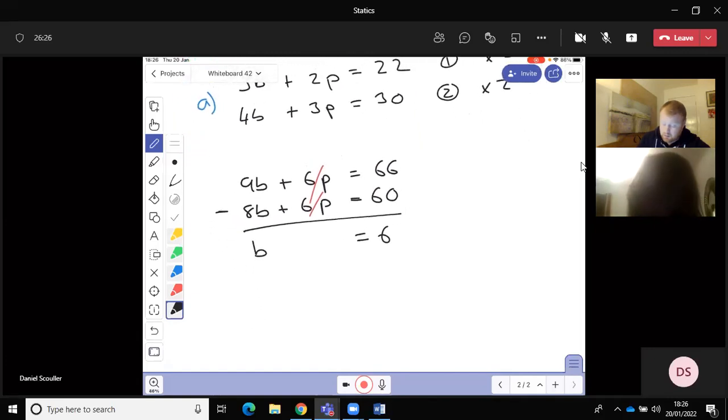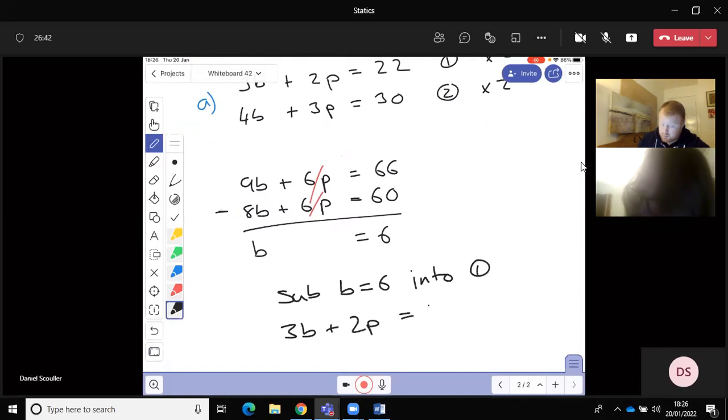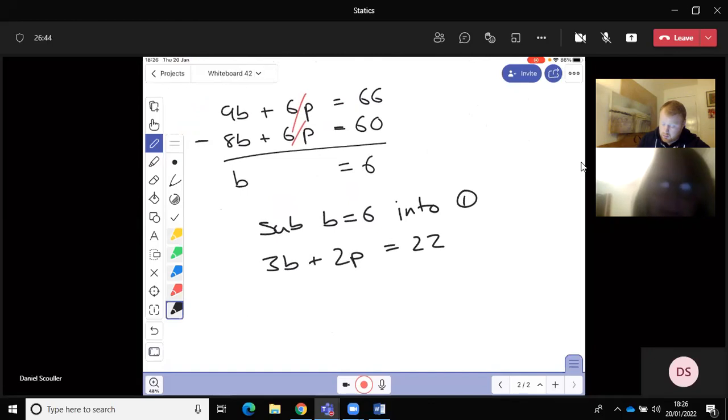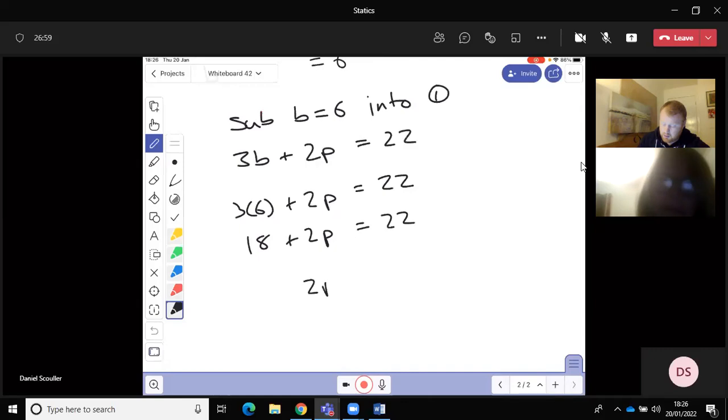I'm going to sub b equals 6 into equation 1. Equation 1 was 3b plus 2p equals 22. B equals 6, so 3 times 6 plus 2p, that's 18 plus 2p equals 22, so 2p equals 22 minus 18.